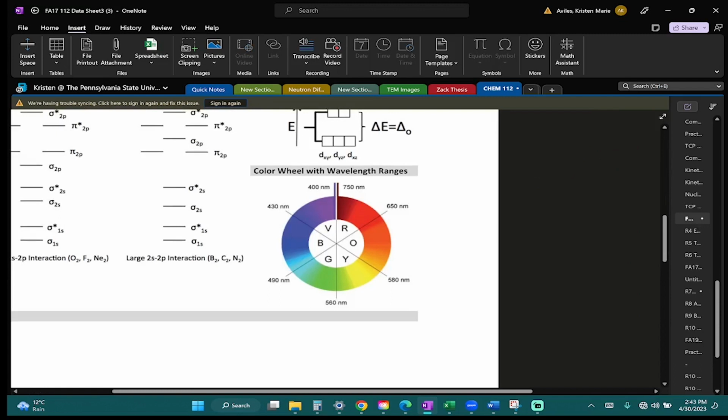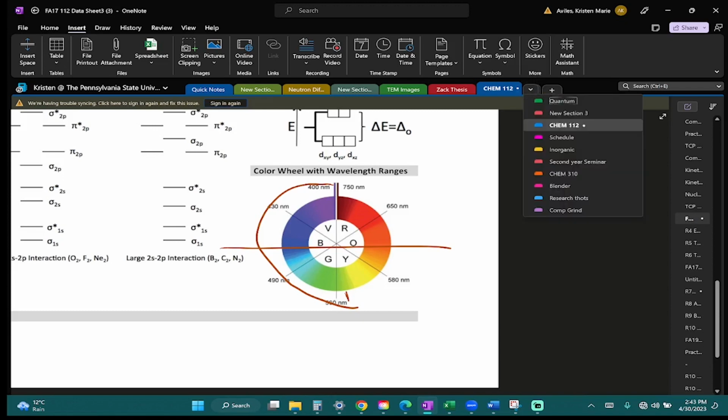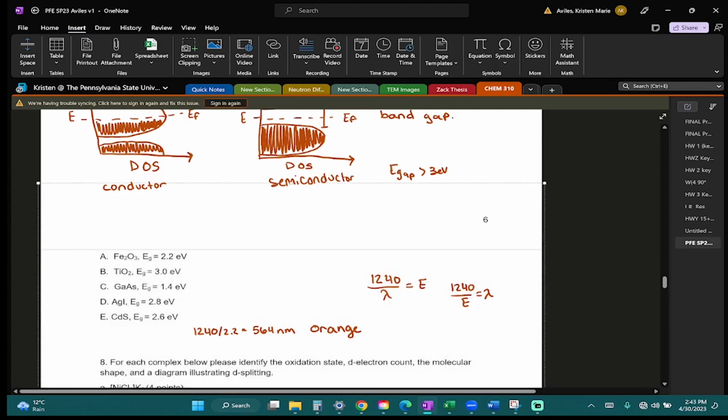Color wheel. So if we have 564, we're right around here. So that means we're absorbing all of this. We're going to go to the middle of this range. Orange. That's it. I'll come back to this as we do the rest of the problems.